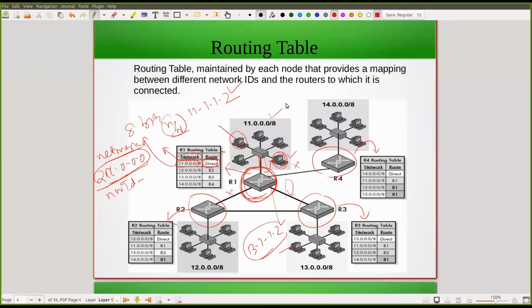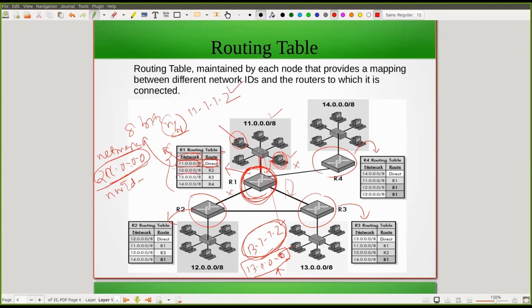But now, as in our case, my destination IP address is 13.1.1.2. Based on the net mask available in this routing table, I decide the network ID is 13.0.0.0. Now I have to look into the routing table at router R1, when the packet is received: is there any entry exactly matching this network, 13.0.0.0 with a net mask of 255.0.0.0?